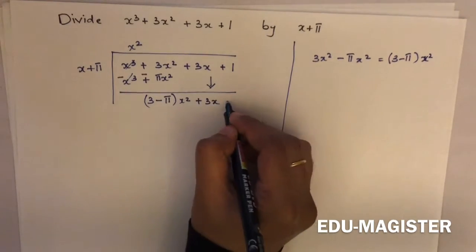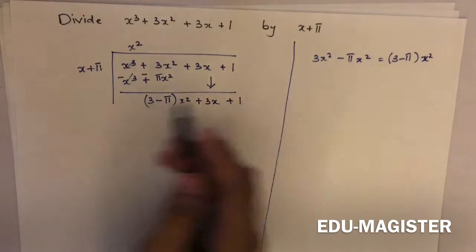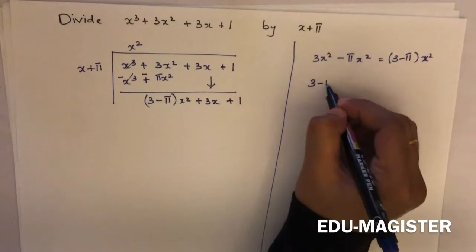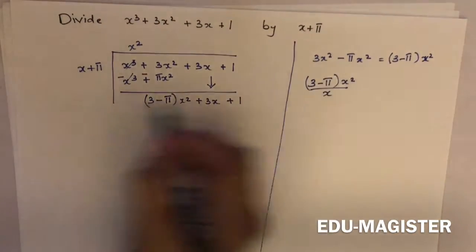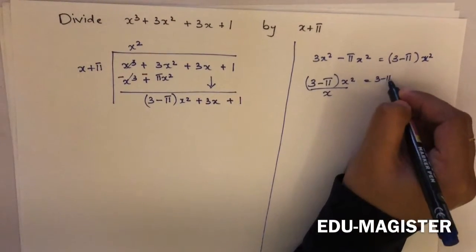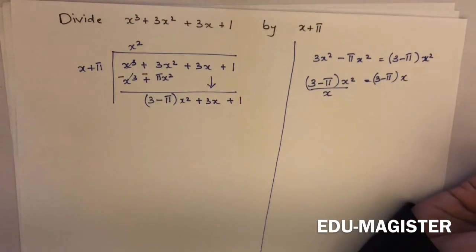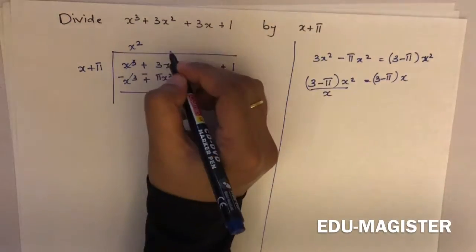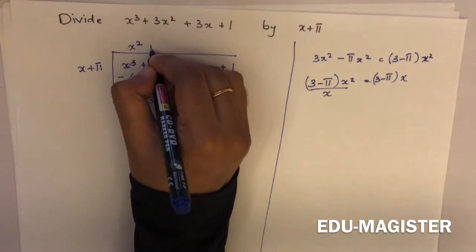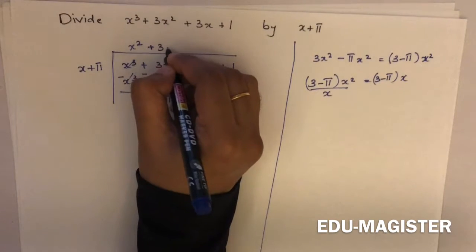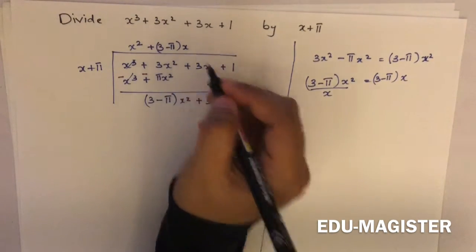Now again, before that, let's bring down these terms. Plus 3x plus 1. Now let's do the division again. 3 minus pi x square divided by x will be 3 minus pi into x, that is positive 3 minus pi x.